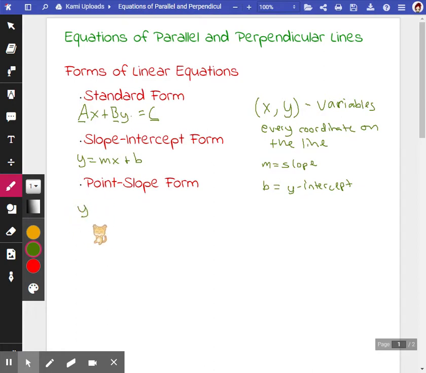So you have y as a variable, minus a number that's going to be the y coordinate of a point that you know. So x1, y1 is going to be a particular point. That's usually going to be given to you in the question.